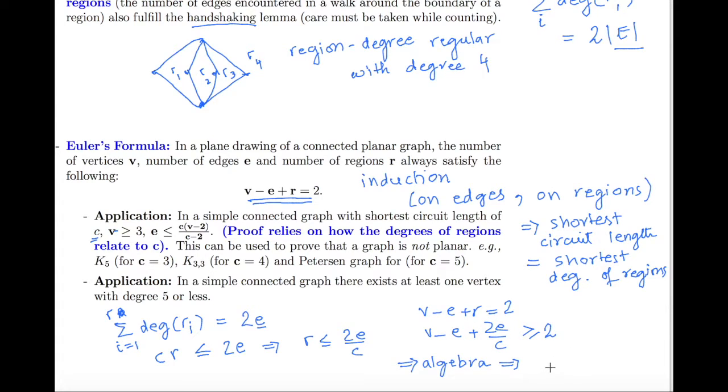Then you easily end up with E is less than or equal to C times (V minus 2) divided by (C minus 2).